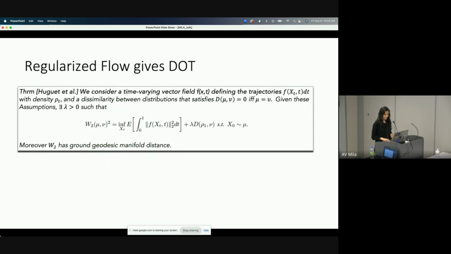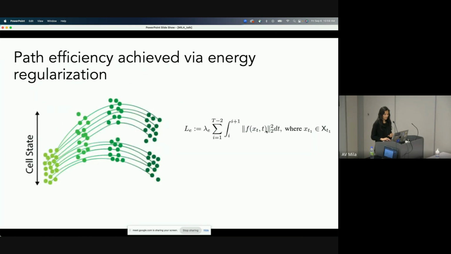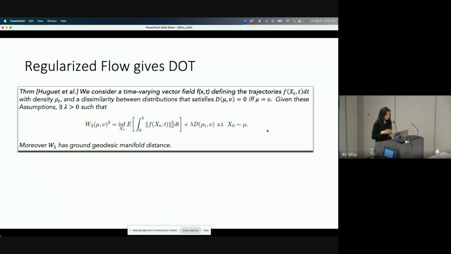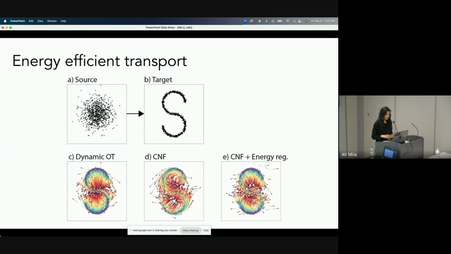And we're able to show that if we penalize the neural network to do this, and we have some way of matching the marginals as well, then we have what's called a dynamic optimal transport rather than the regular static optimal transport.